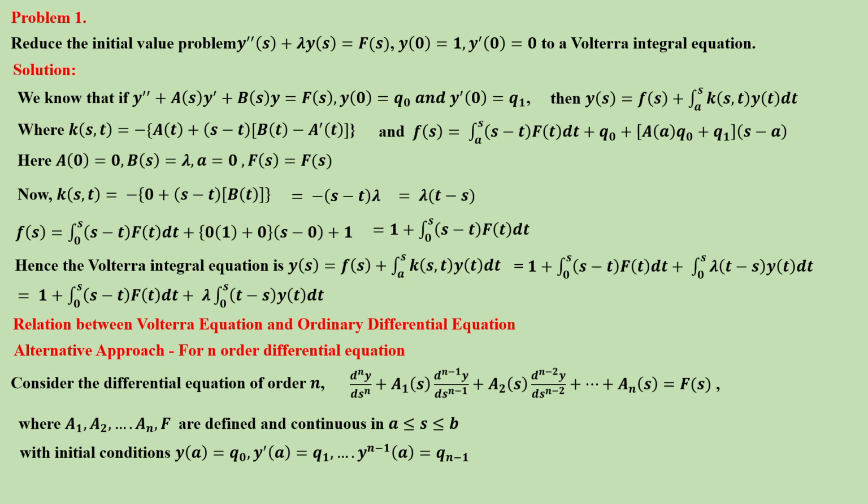With initial conditions y of a equal to q naught, y dash of a equal to q1, and so on, up to the n minus 1th derivative of y at a equal to q n minus 1.